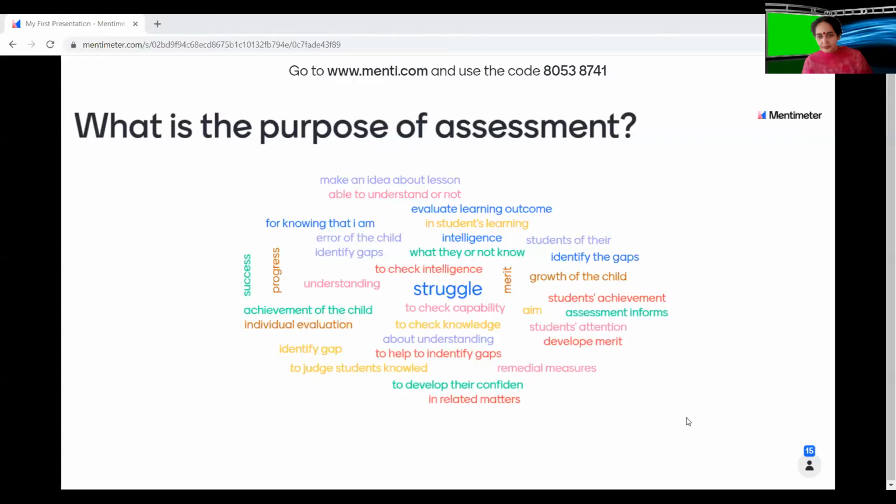All of you had given me the same purpose of assessment, which is this one. Every single person had written this on the Menti screen.